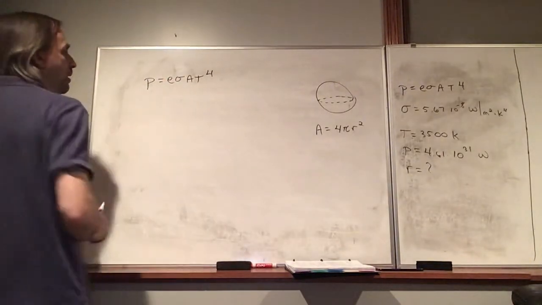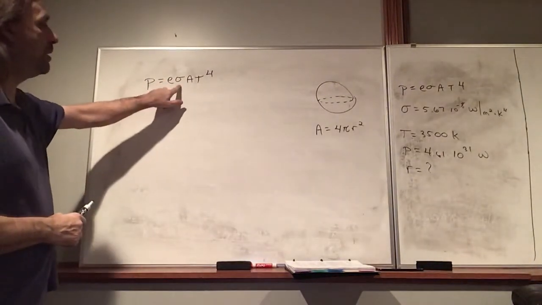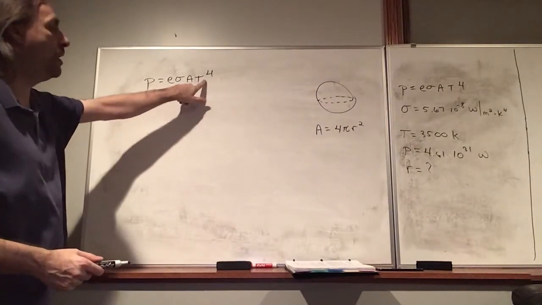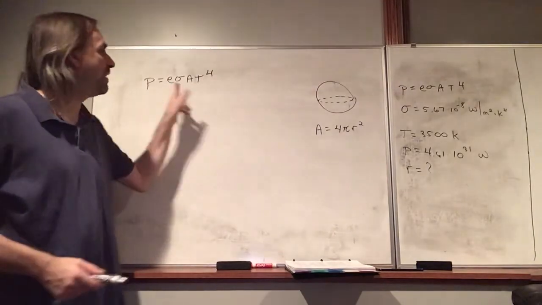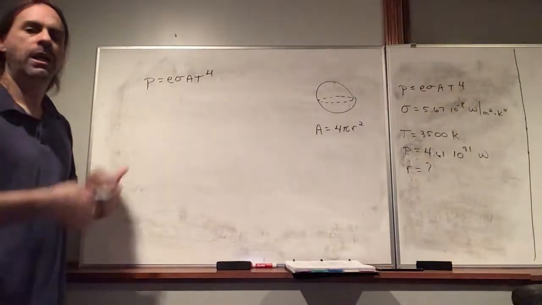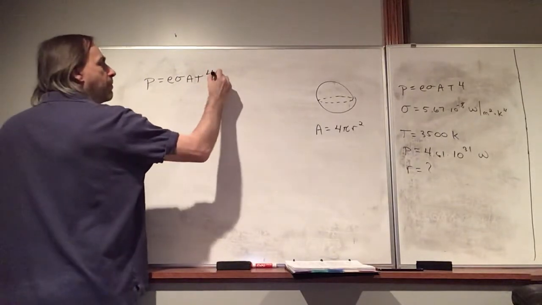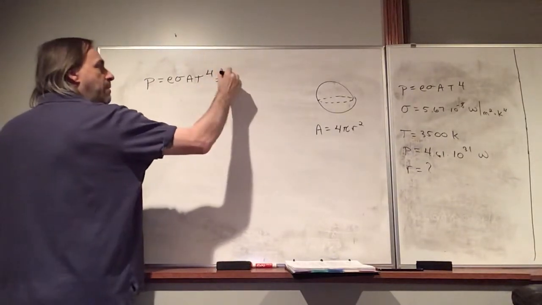So we know the power, we know E, we know sigma, we know pi, so basically we know T, so we can just plug this in and solve for R. It's a pretty straightforward problem, and it's just kind of interesting. Now I'm going to drop off this E because that's 1.